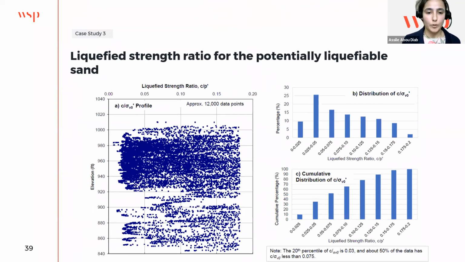Statistics on the C/P ratio for QT-NCS values less than 70 to 80 show our 20th percentile for the C/P ratio is 0.03. Now, if you use these strength parameters in our engineering assessment, we find that the proposed stockpile configuration is not feasible. So it was abandoned because it doesn't work.